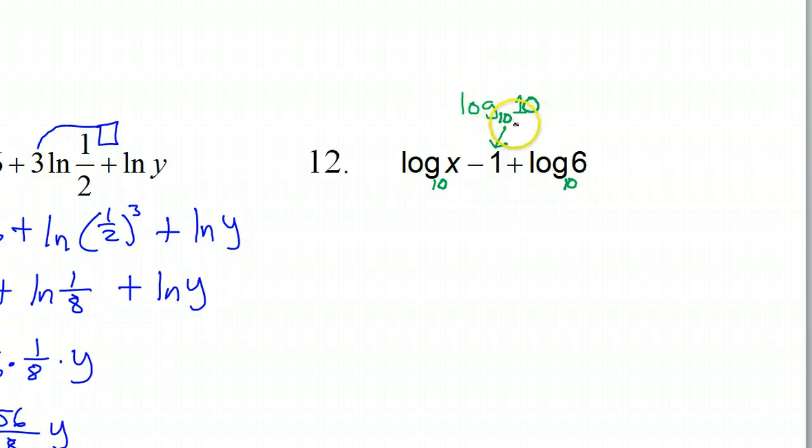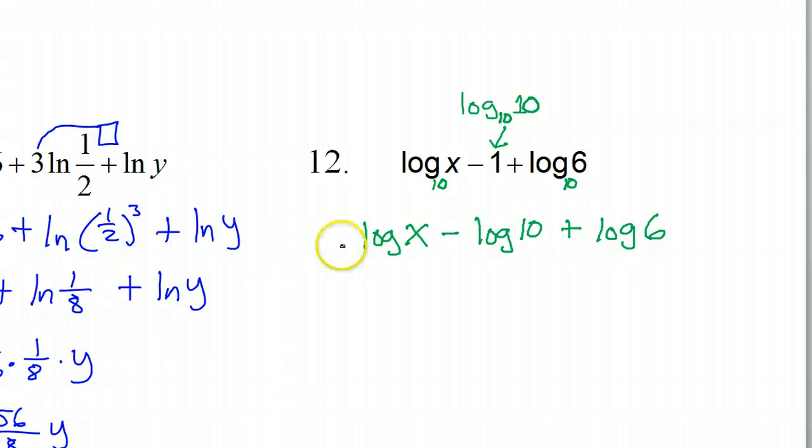So log base 10 of 10 is 1, because they're the same. So that's what I need. Of course, we don't really write the base 10, so when I recopy this, I'm just going to put log 10. So that becomes log x minus, now here I'm making this substitution, log 10, because that's 1, it's a secret base 10, and then plus log 6. So that's the key to this whole problem, is making sure you do that.